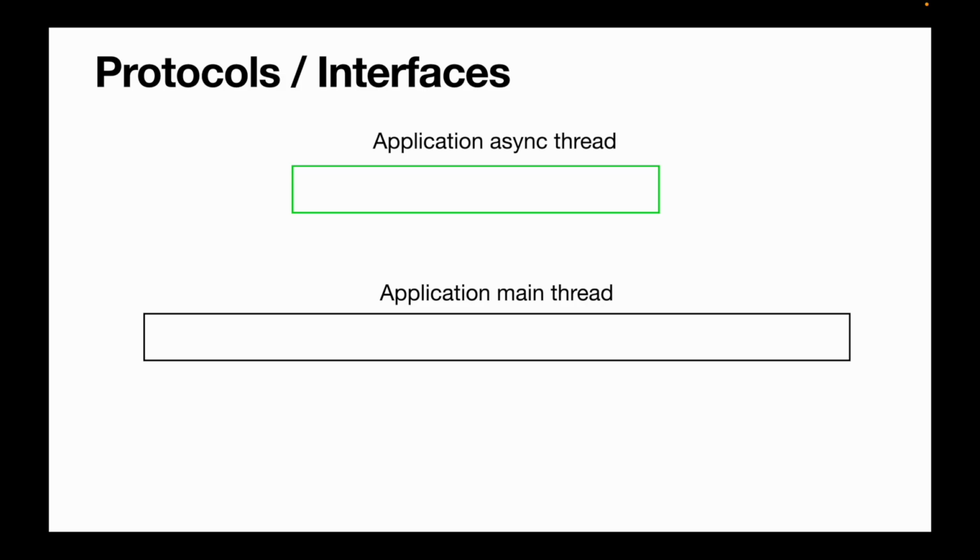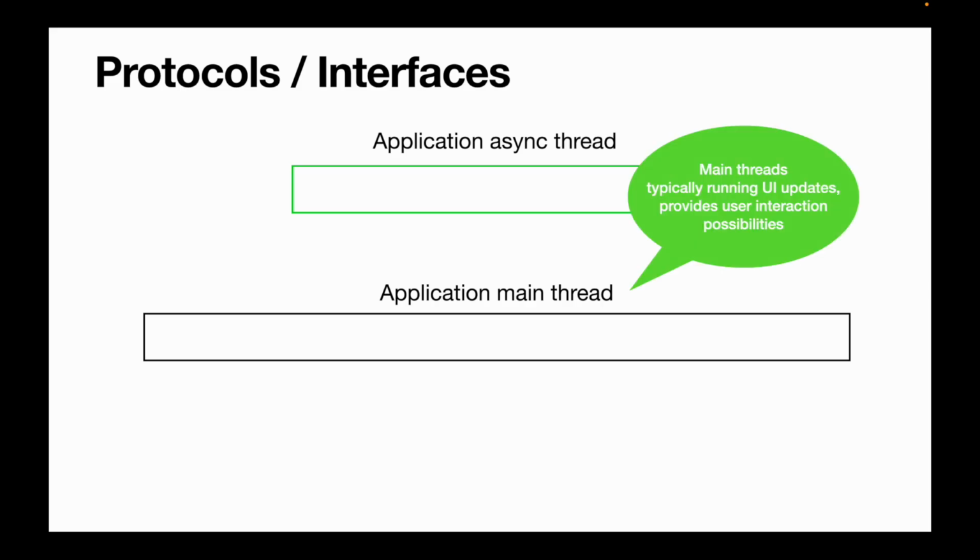When we are using this kind of threads, the main thread and the asynchronous threads, you should consider that the application on the main thread is typically running UI updates, as I mentioned, so that you can touch the surface of your phone and scroll.